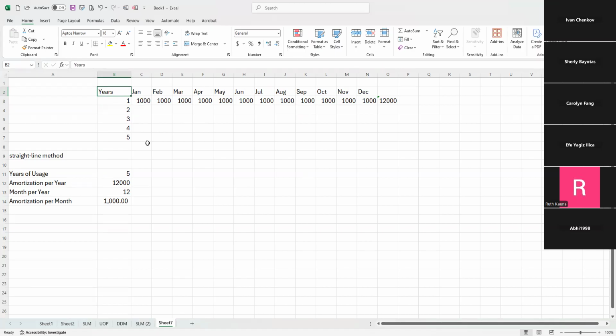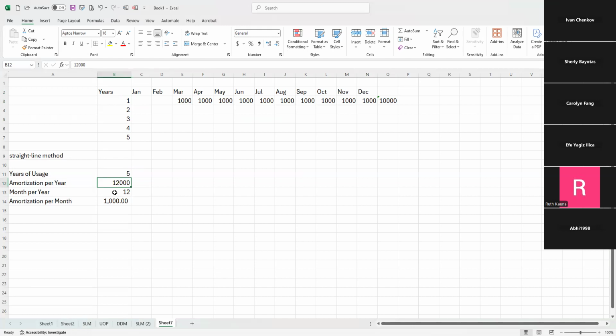Say we're not buying in January. Which month do you want me to buy the asset? March. So we don't have January, February. Our annual amortization is still $12,000.